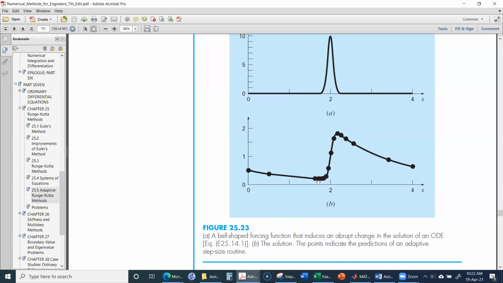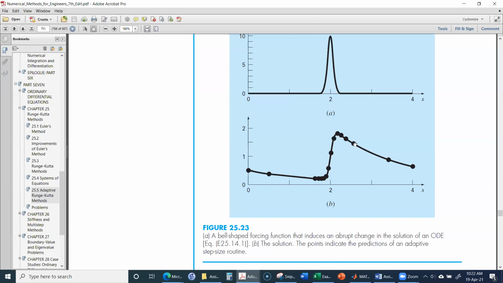Then you can see that in this area we have many small intervals, and so many different points have been determined. It helps to more accurately determine this part of the function, by decreasing the step size and inserting a larger number of points in this part, where it is rapidly changing.